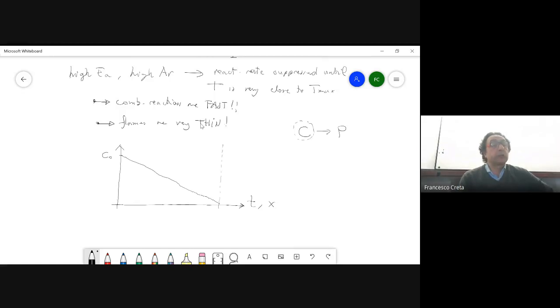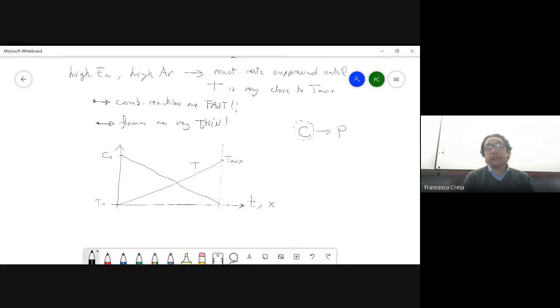We start from an initial temperature T0 and we reach Tmax. Why does it increase? Well, we know that the reactions are overall exothermic. So in a situation where I'm not exchanging heat with the surroundings, in an adiabatic sense, the temperature will increase.